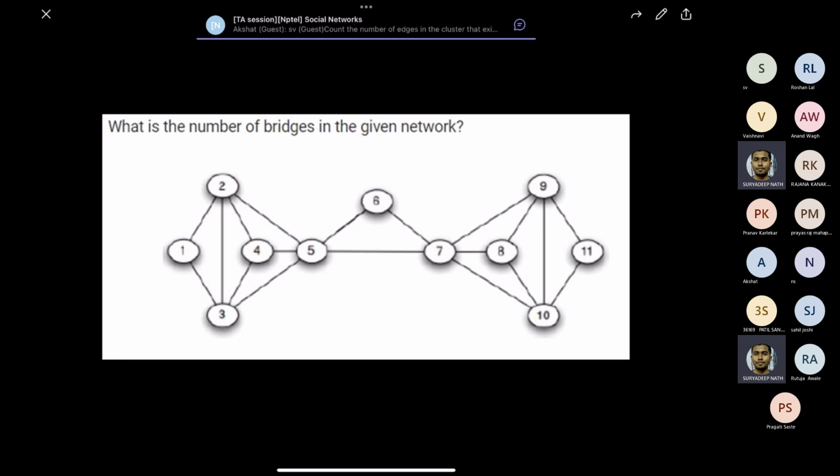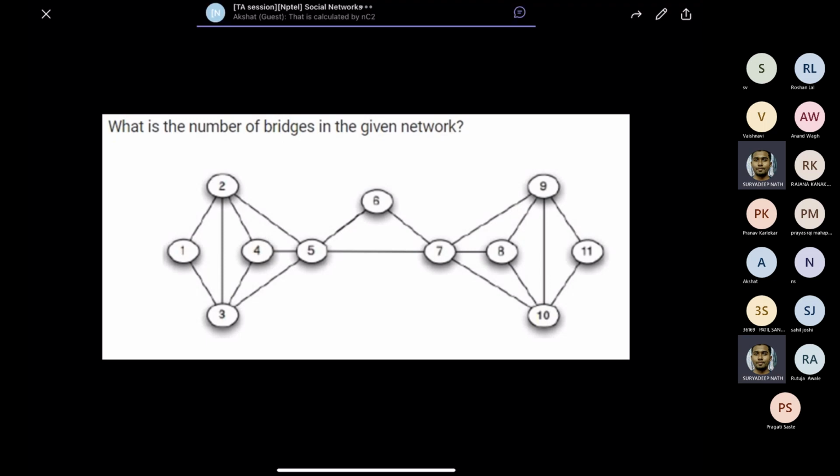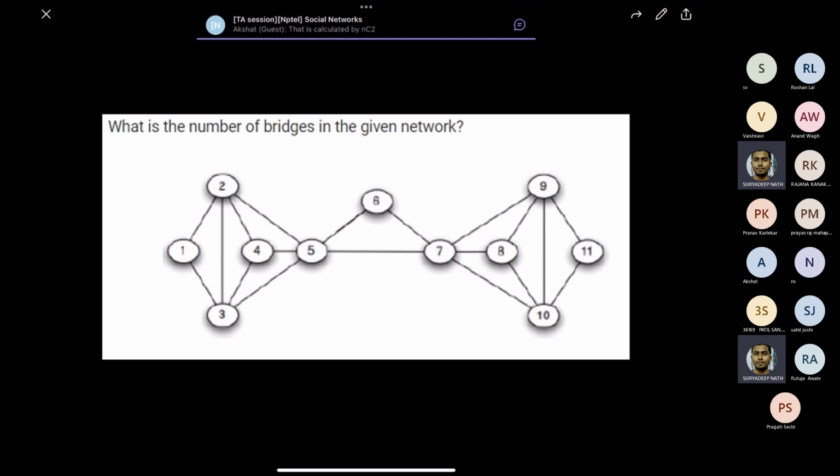In this case, what I'm seeing is that if you take any edge, any pair of nodes, they always end up having a mutual friend. If you take 1 and 2, their mutual friend is 3. If you take 5 and 6, you have 7.